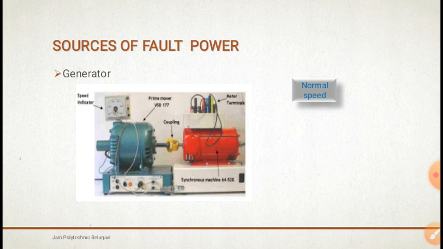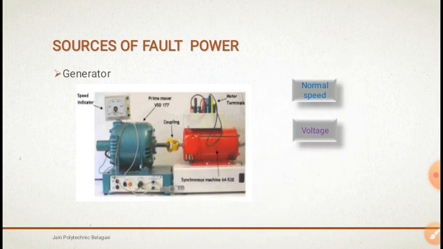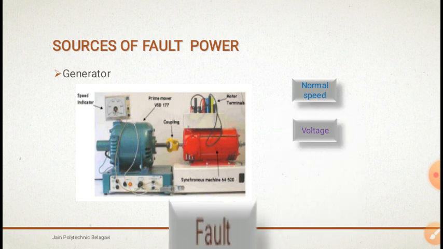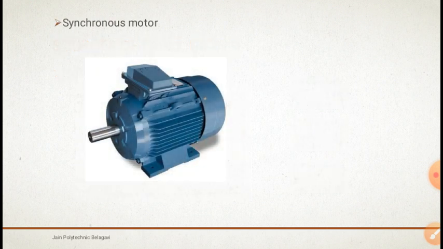Thus, the normal voltage continues to be generated, and due to this generated voltage a large amount of current is fed to the fault point, which is limited by the impedance of the generator and that of the circuit up to the fault point. The next one is the synchronous motor.